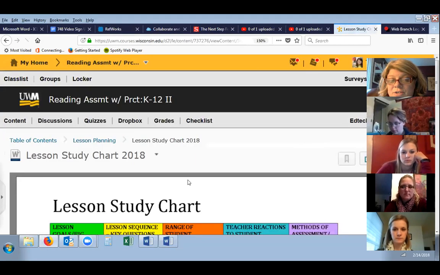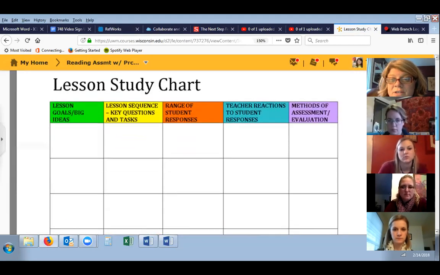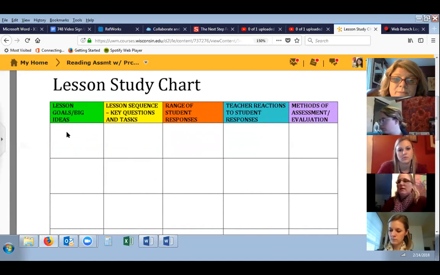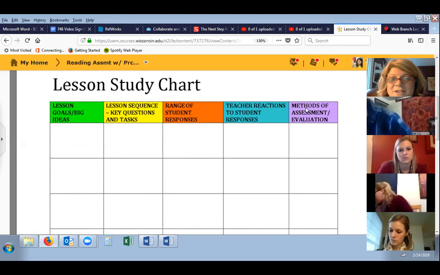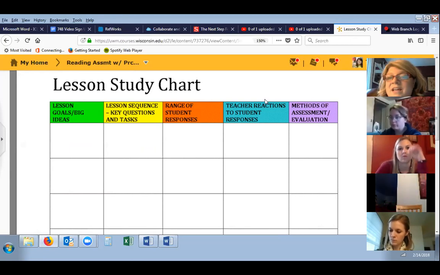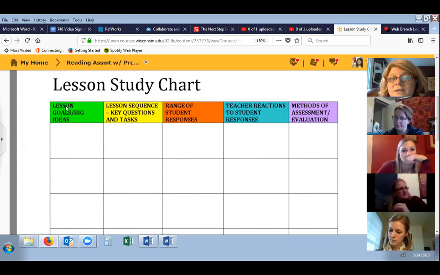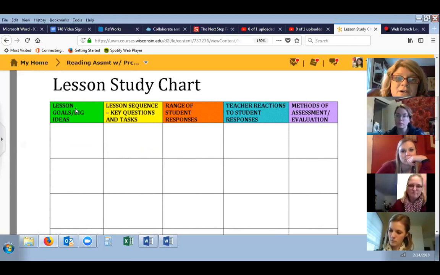So the chart is going to talk about, you'll start kind of over here. So you'll start with lesson goals and big ideas. And actually, now that I have it over here, the methods of assessment and evaluation probably should be over here with the rest of it. Let's switch that. Anyway, you'll work on the pieces of the lesson, as the lesson is laid out. So here, here, and here.